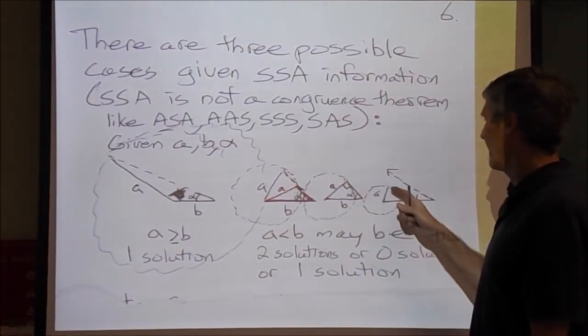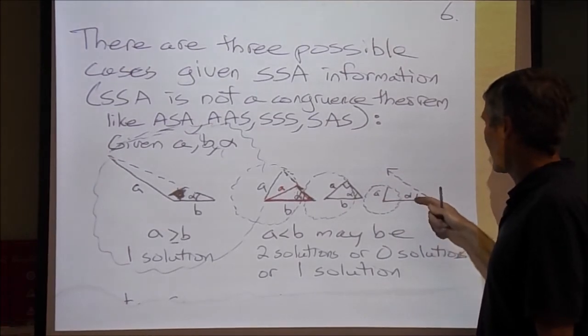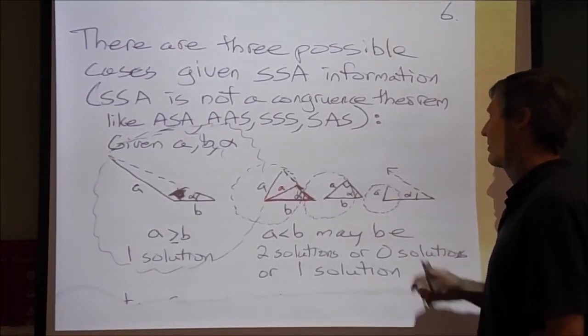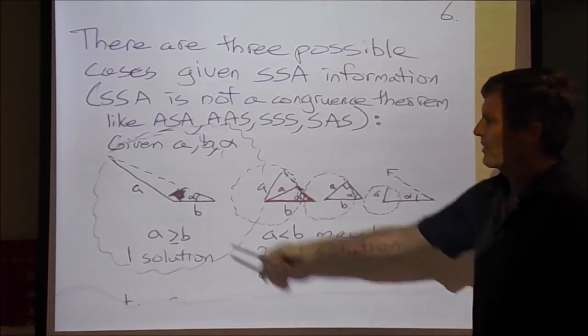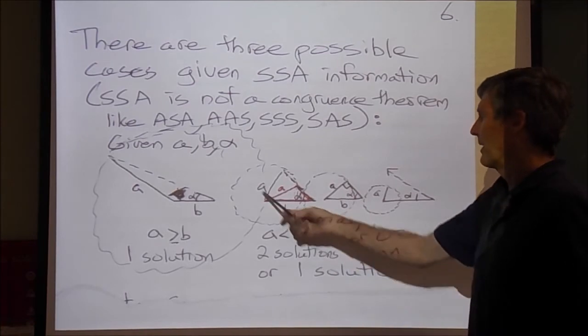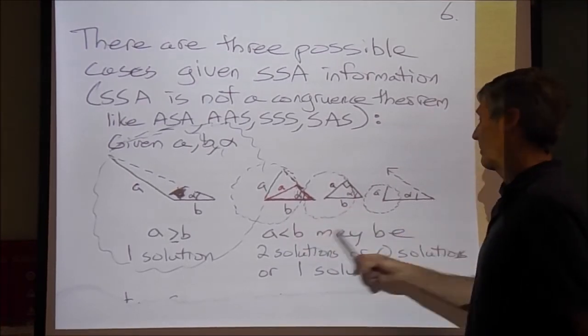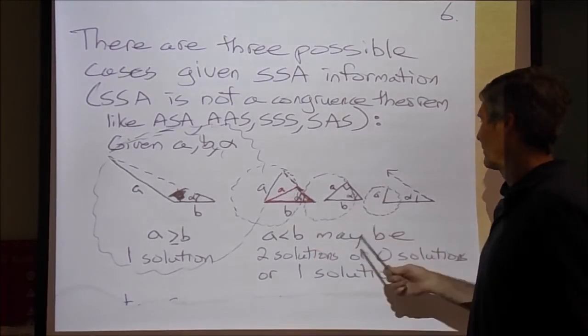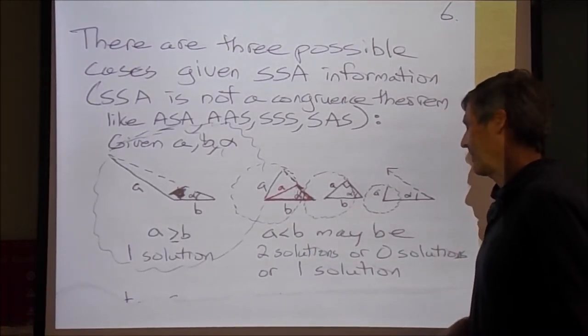Or it might be that A is less than B, and this angle is too big, and no matter where I swing A, I can't intersect this last side, and then there's no solution. So if A is bigger than or equal to B, there's one solution. If A is less than B, where you're given A, B, and alpha, then there could be two solutions, one solution, or no solution, and you just have to try it.